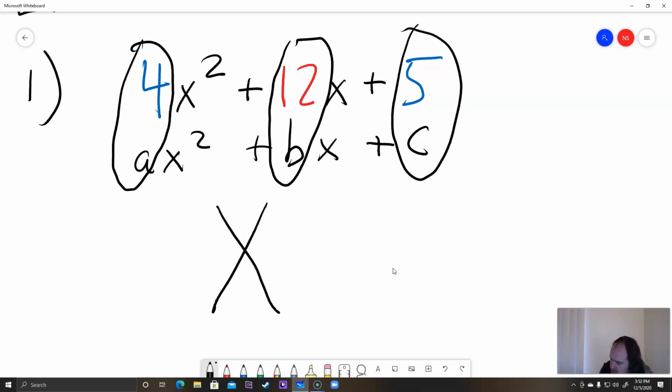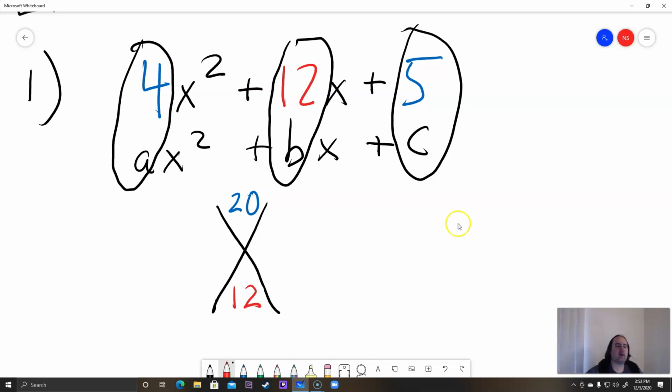So that's going to be 4 times 5 on the top, and then b on the bottom. So 12 is going to be on the bottom. Or using our colors, 4 times 5 is 20. So we're going to have a 20 on the top of the x. And then the middle term, b, is 12. So we're going to have a 12 on the bottom of the x.